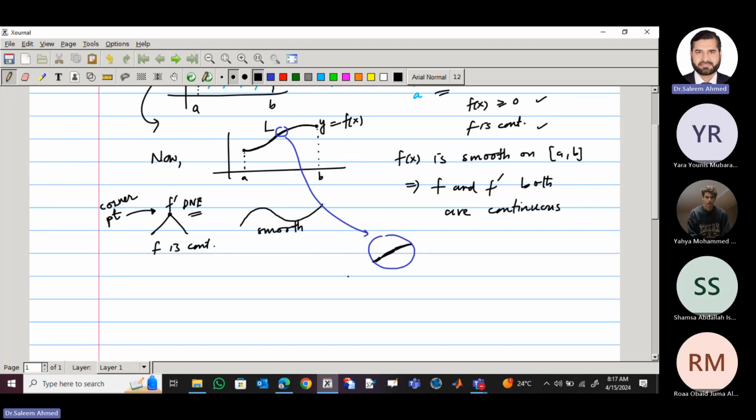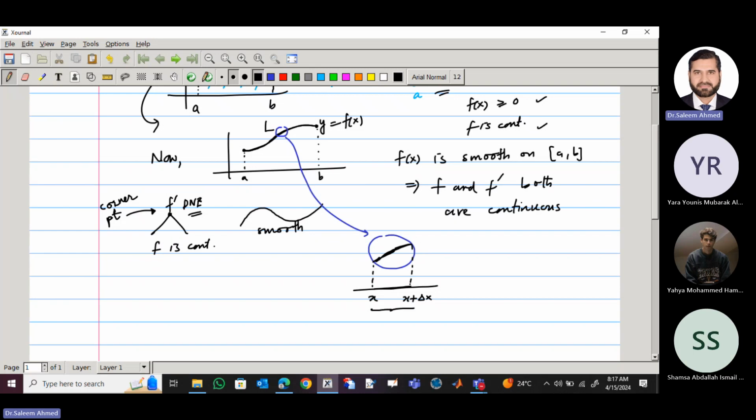I want to find the length of that piece. Let's say it starts from x and goes to x plus delta x, a small change in x. You can call it delta x or dx, both are fine. Delta x and dx are the same.